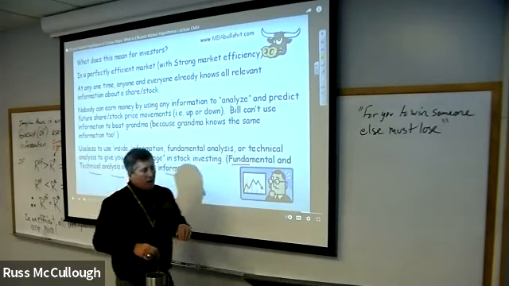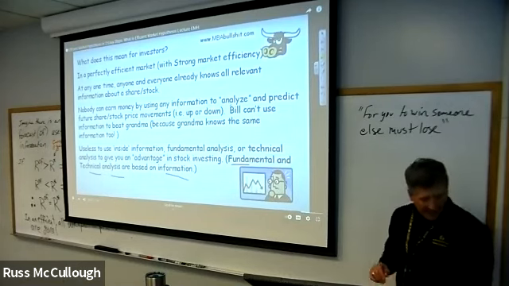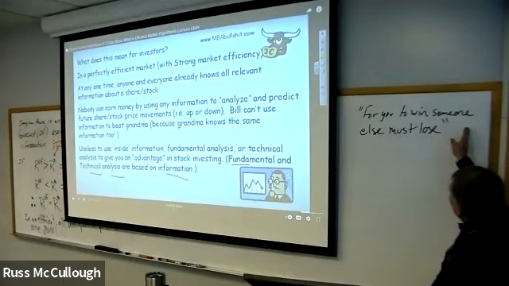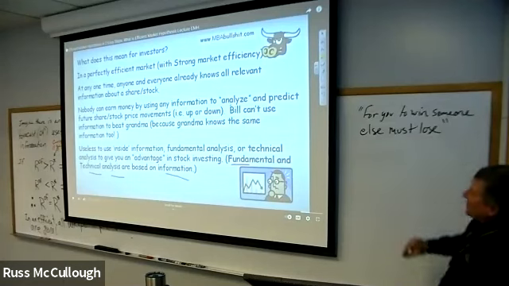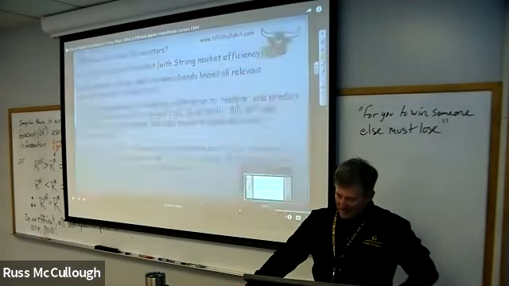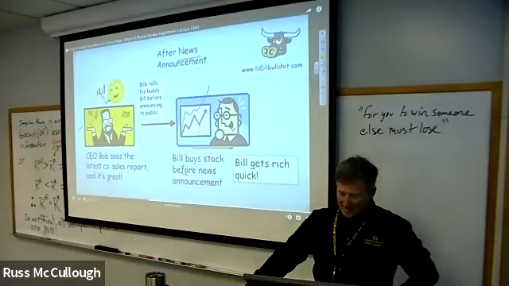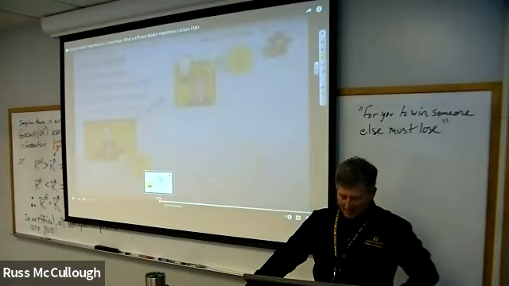So I put this quote on the board here. He said in there, for you to win, someone else must lose. That was in the grandma thing here. You guys agree with that? Because that doesn't sound like the type of thing I usually say. Wait, let me get grandma on here.